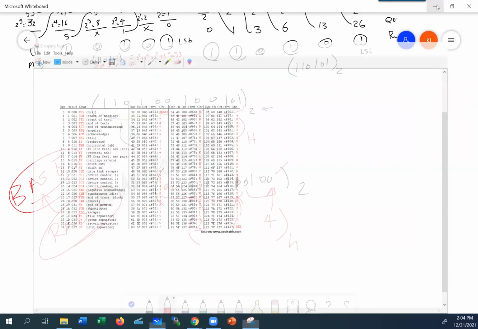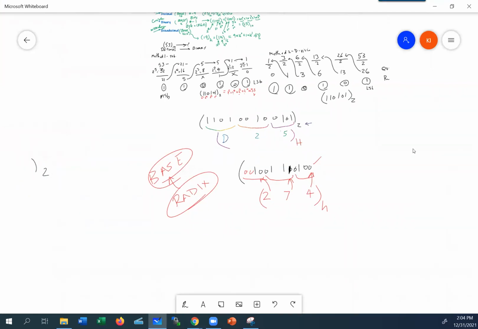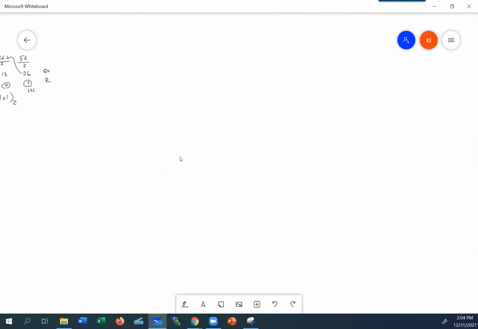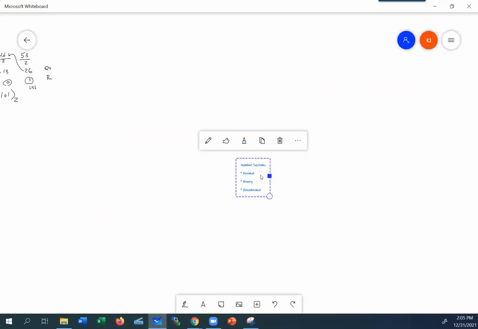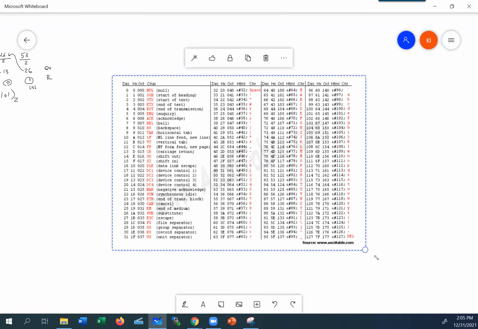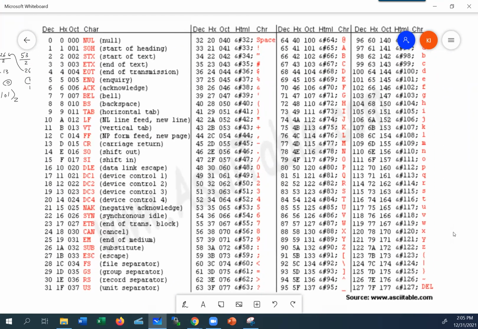Let me actually put this someplace where I can write on it. So this is ASCII. This is referred to as the ASCII.